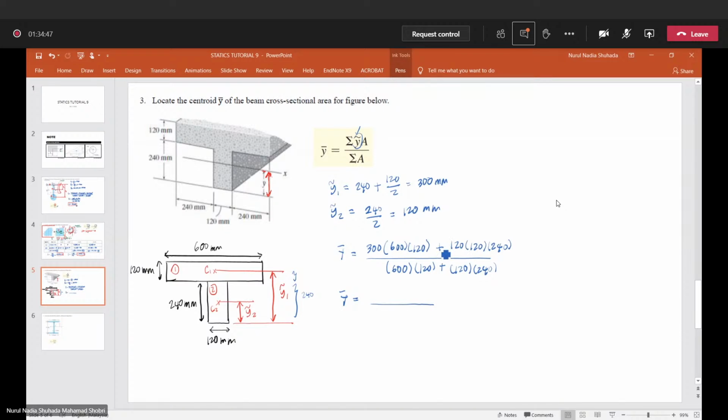The upper part gives you 250560000, and the bottom part gives 100800. The final answer would be about 248.571 mm. If you round it, you get 249 mm. So this is the final answer.